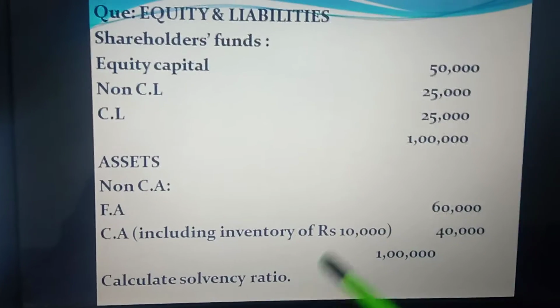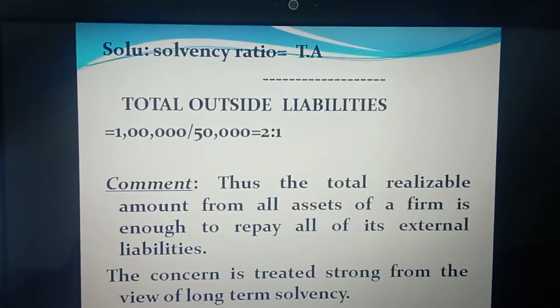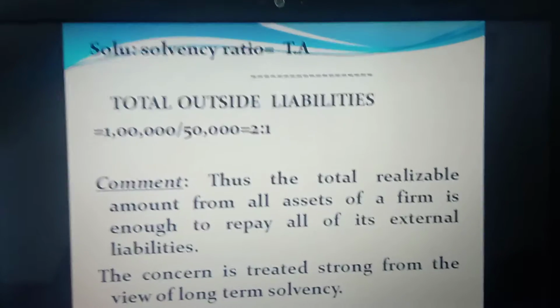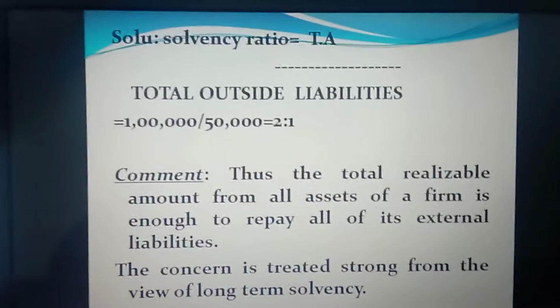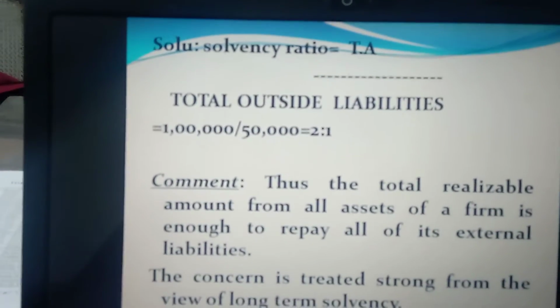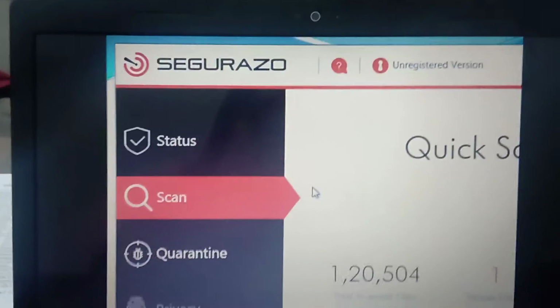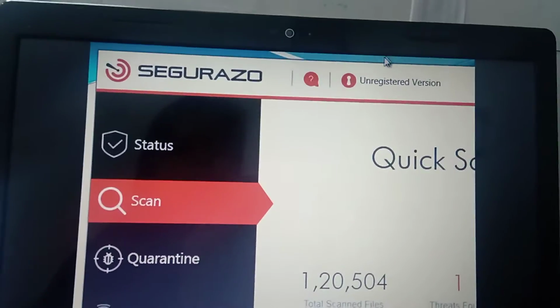We have to calculate the solvency ratio through this balance sheet. Now the formula is total assets to total outside liabilities.